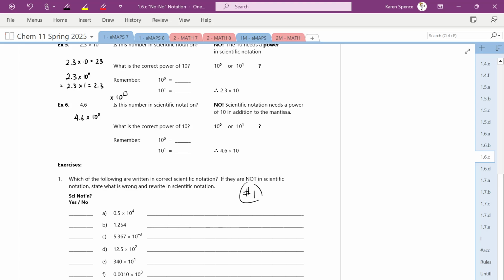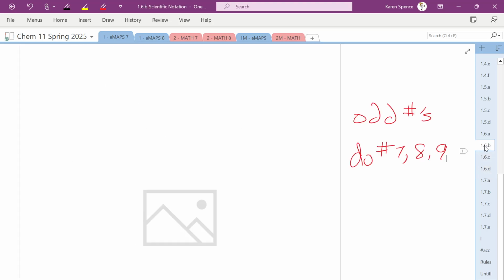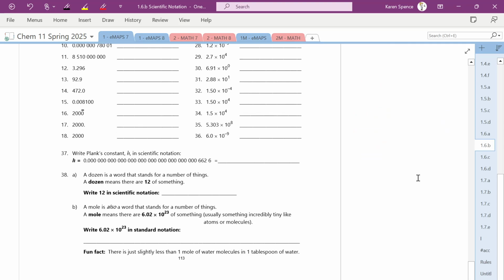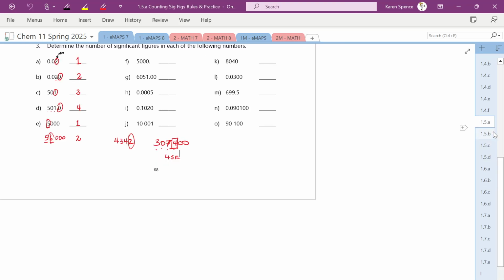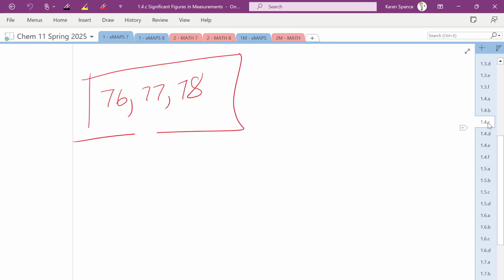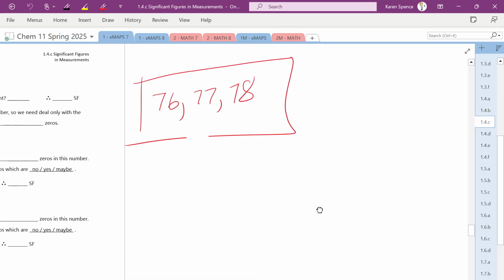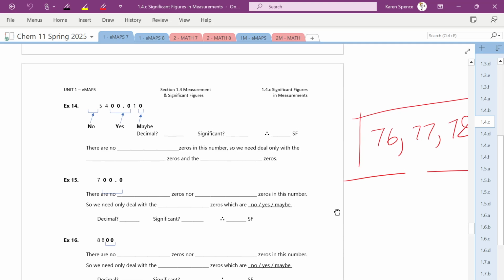And we had previously done page 113 odd. And let's check in on this one.